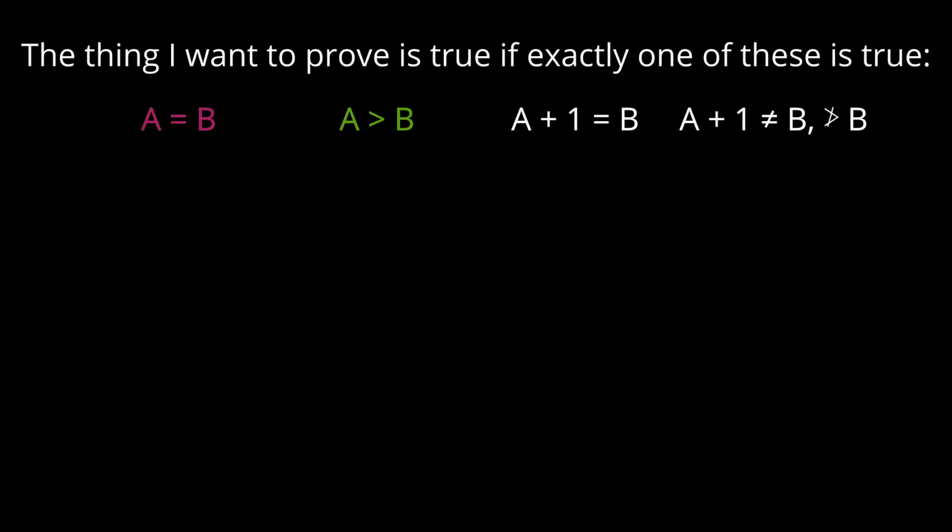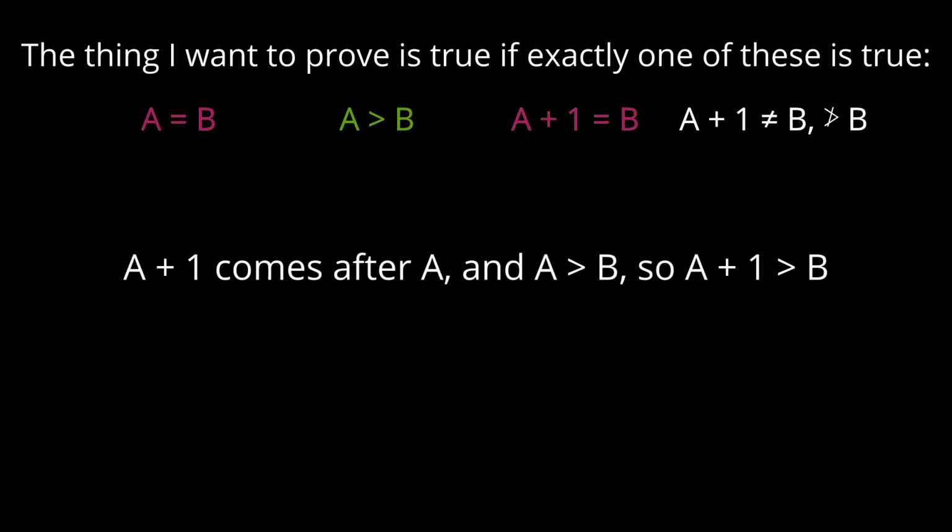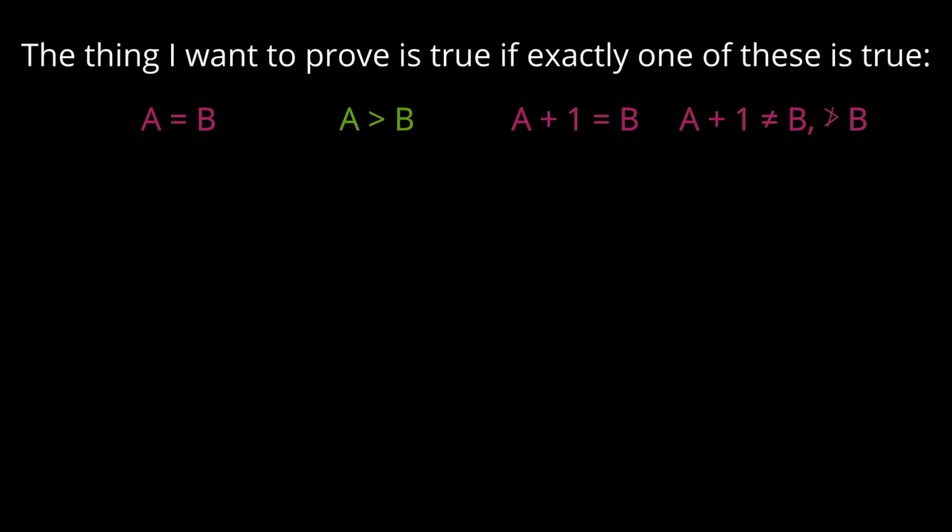So a can't be b. a isn't the number before b, so the number after a can't be b, and the number after a comes after a number more than b, so is itself more than b. That's all good. Now on to the next step.